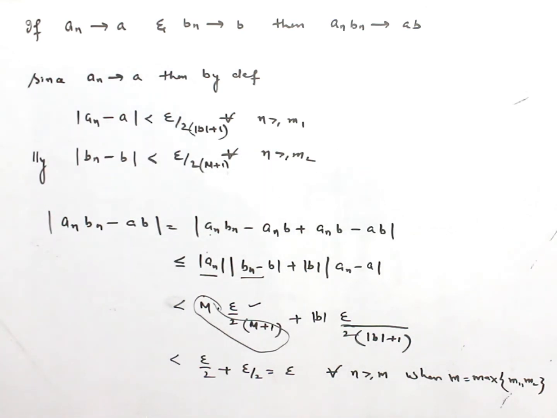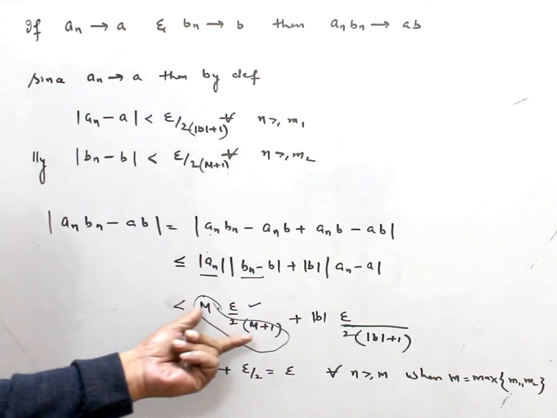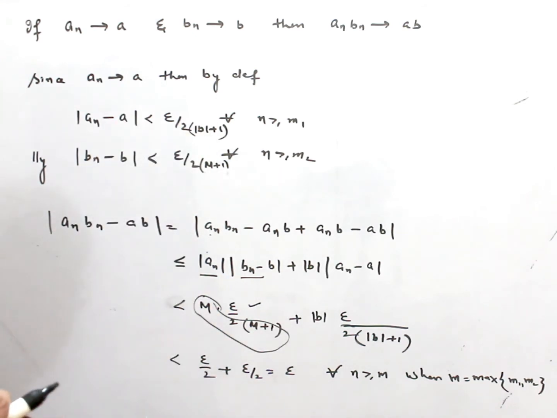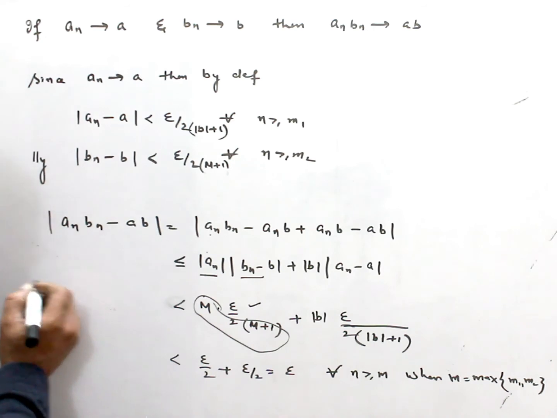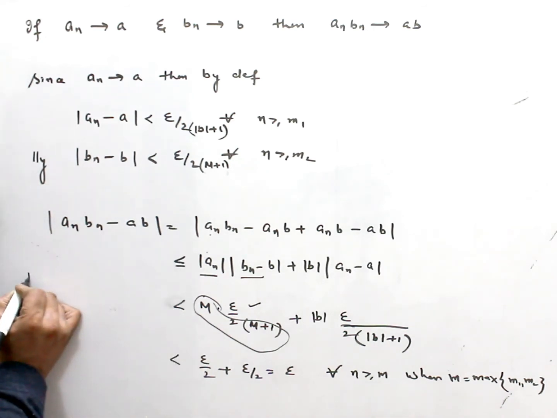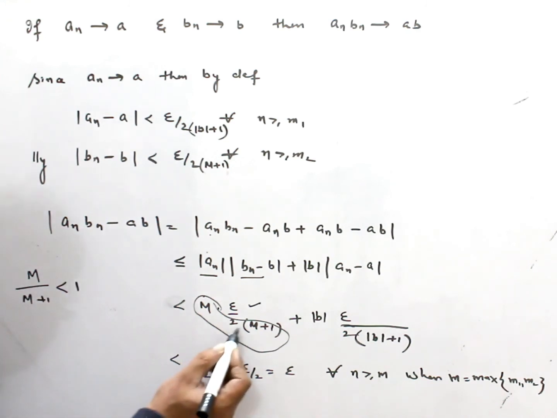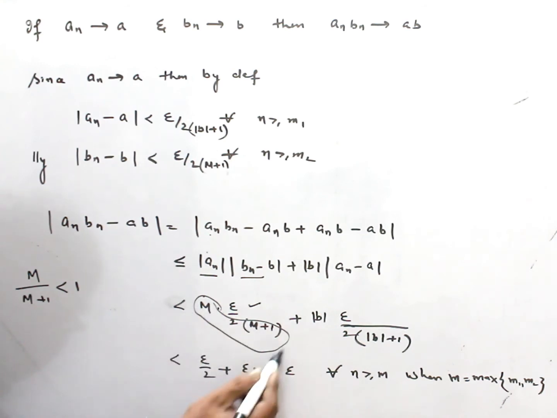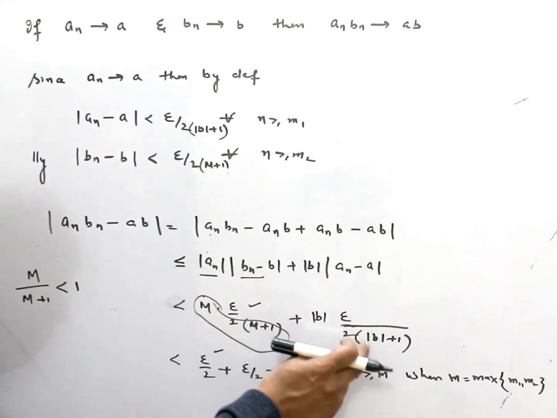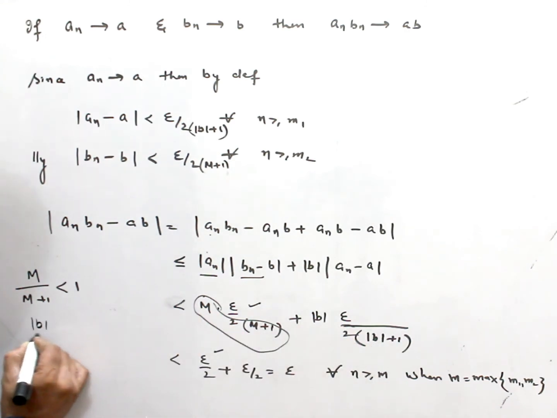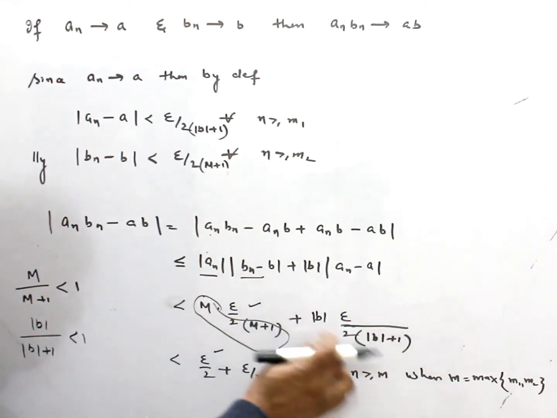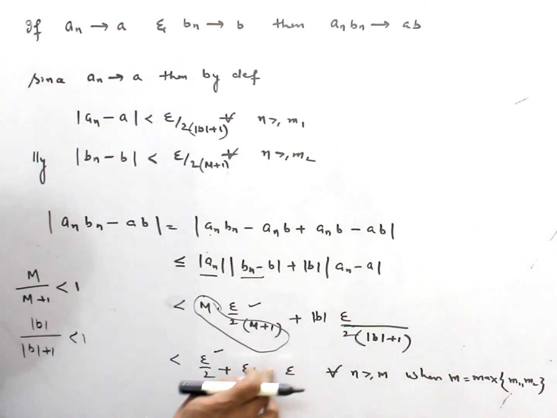So what happened? Some confusion may have arisen in your mind about how I added this. So we need to clear this, because here the |a_n - A| times (m plus 1) is less than epsilon by 2, and the same, |b| plus 1 times |a_n - A| is also a small number, smaller than epsilon by 2.